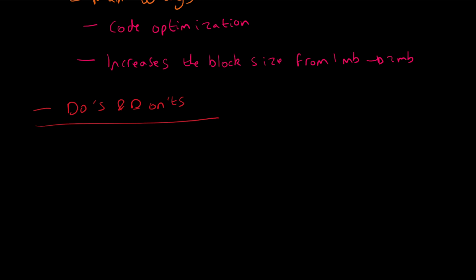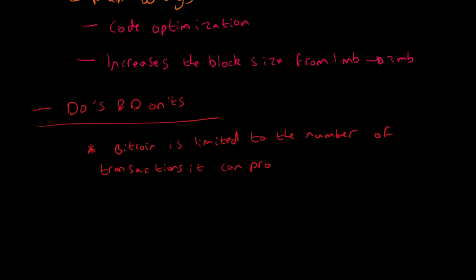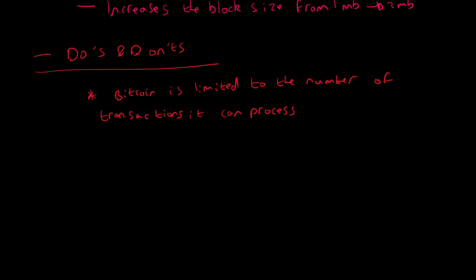First of all, Bitcoin is limited to the number of transactions it can process. As the network gets larger, more users come on, more transactions are occurring. This obviously can become an issue.